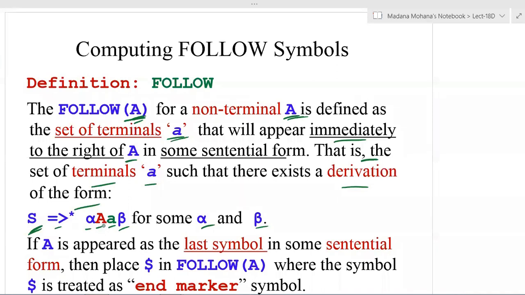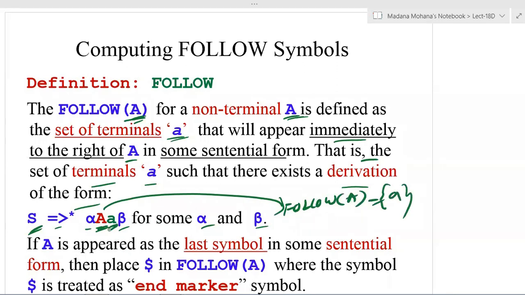Then if immediately after that variable a terminal occurs, then the terminal is in follow of that variable. So in this form, follow of A equal to terminal a. The terminal occurs immediately after the variable. So directly we can't find the left hand side follow. On the right hand side, if a variable is followed by a terminal, then follow of that variable equal to that terminal.